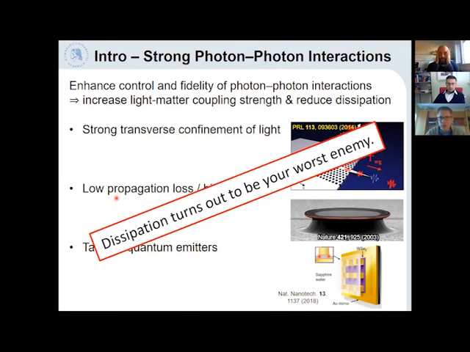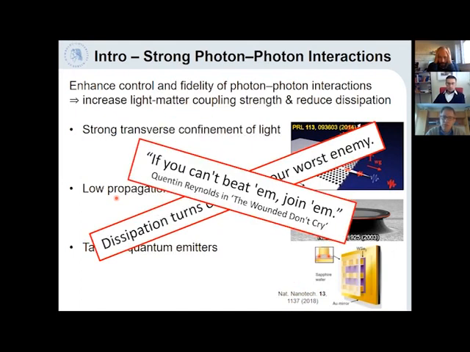And the approach of the talk that I will be presenting is now to say, okay, if we cannot get finally or ultimately rid of dissipation, then if you cannot beat your enemy, the dissipation, let's join your enemy. So make use of dissipation to achieve a quantum nonlinear interaction between photons.